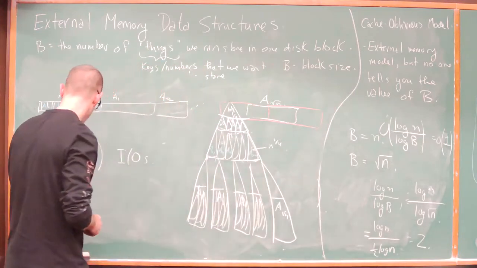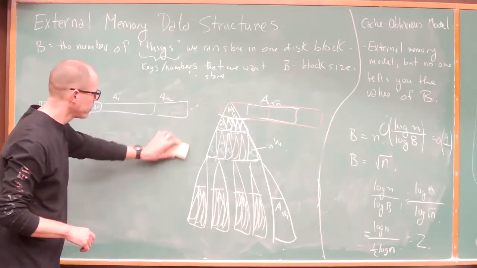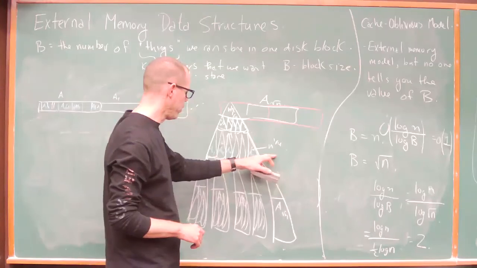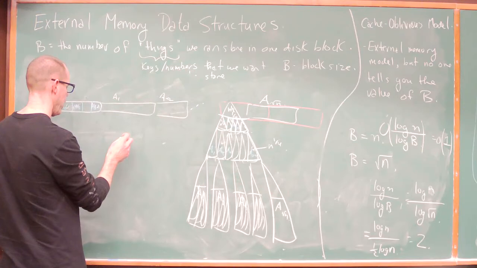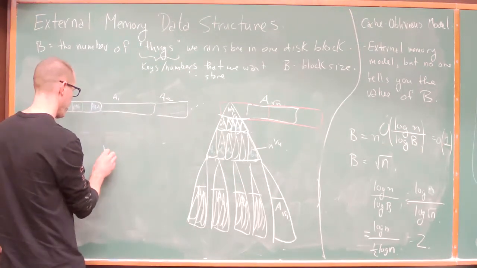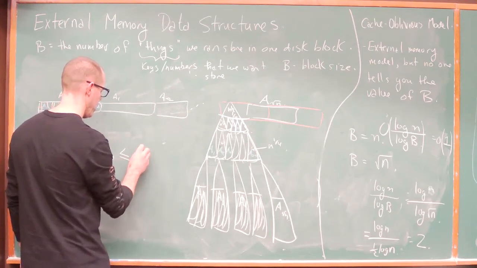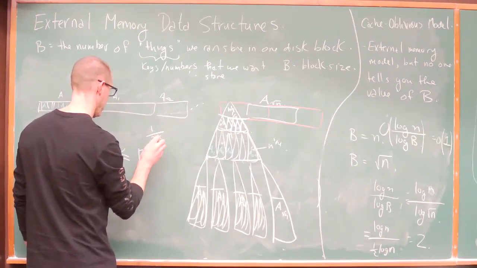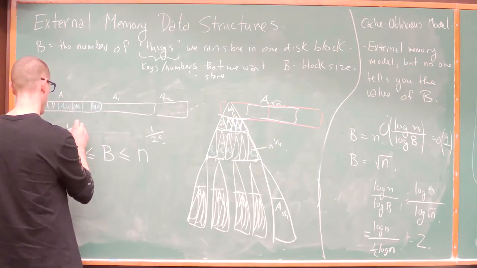And we can do that because somewhere along the way, we're going to hit a tree size, something like a K, where B is less than or equal to N to the 1 over 2 to the K, but bigger than or equal to N to the 1 over 2 to the K plus 1.